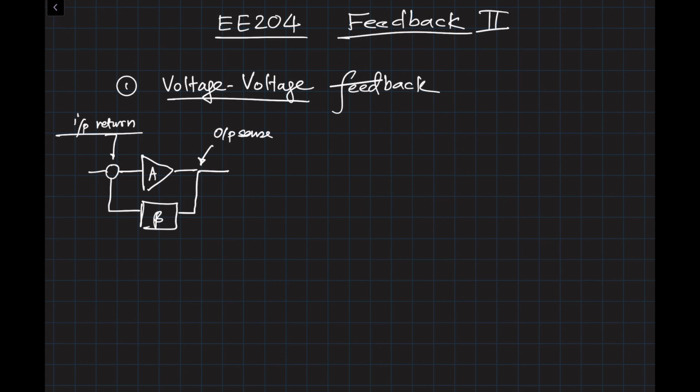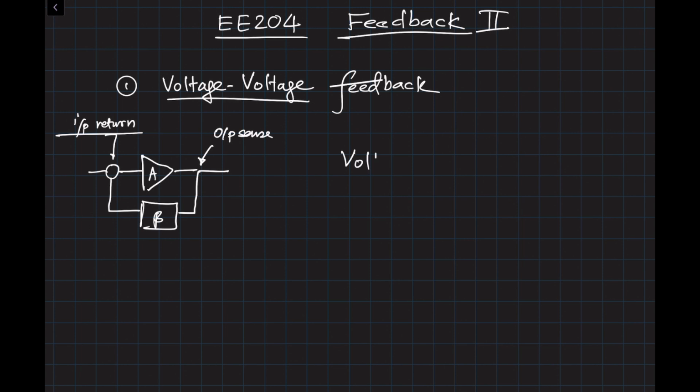That's what defines these different feedback topologies. They have different outcomes when it comes to impedances. We are going to go through one example in detail, and I'm going to briefly introduce you to the other topologies.